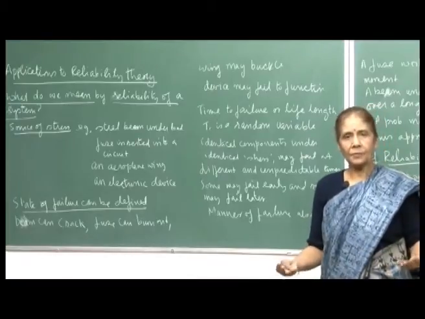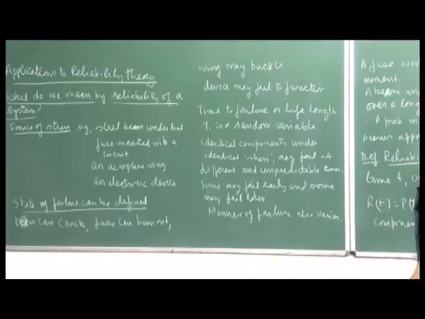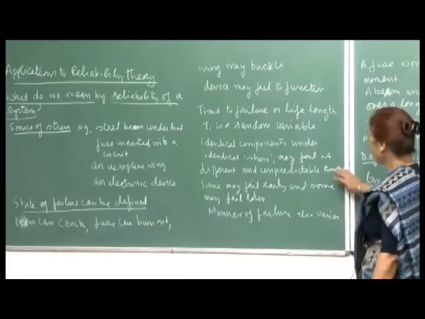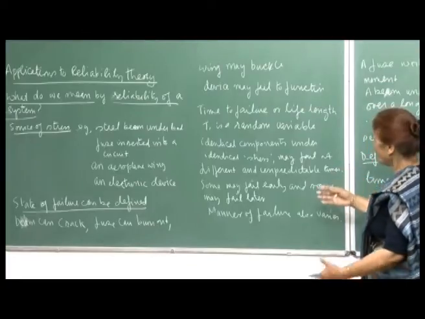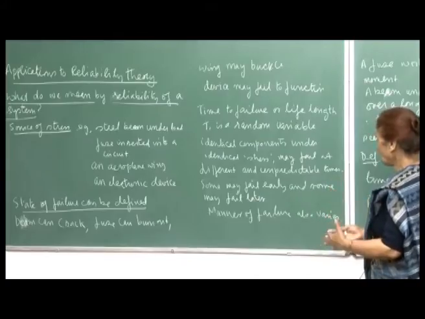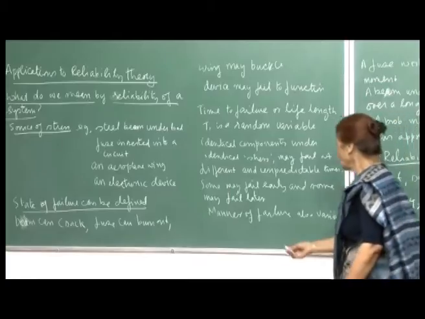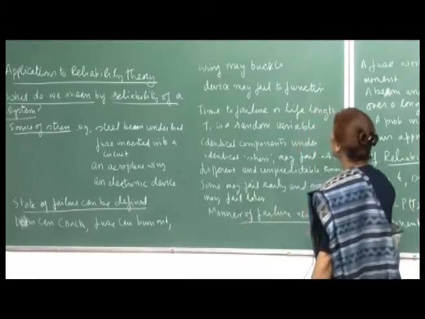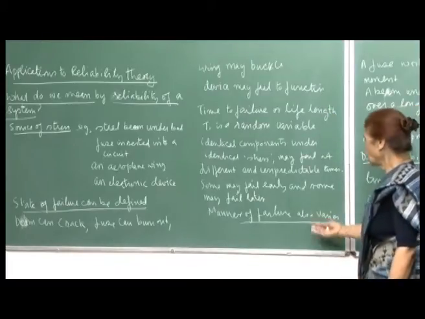There is a lot of unpredictability, because you never know how the stress works on a particular component or system, and also the manner of failure varies, because the beam will crack, the fuse will burn out, and so on.